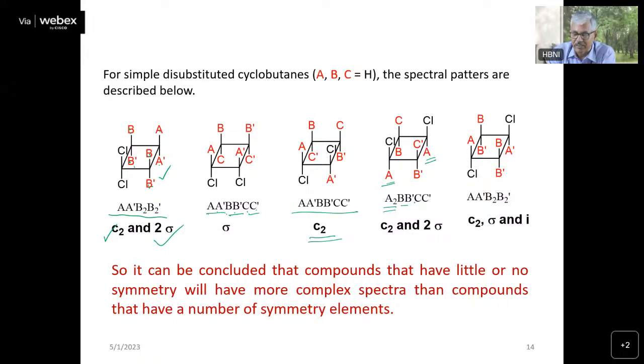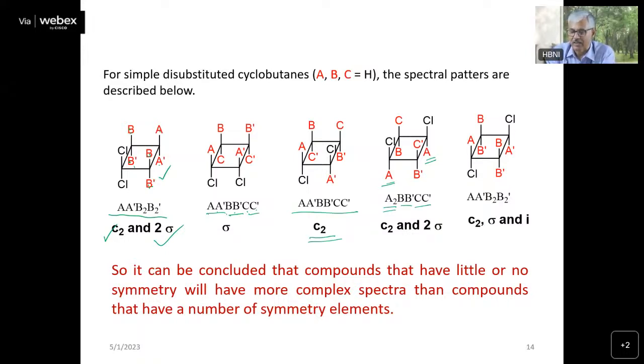But you will see that the B and C hydrogens are chemically equivalent, both B and both C, but both the B's are not magnetically equivalent because their coupling constants to A and C are different.